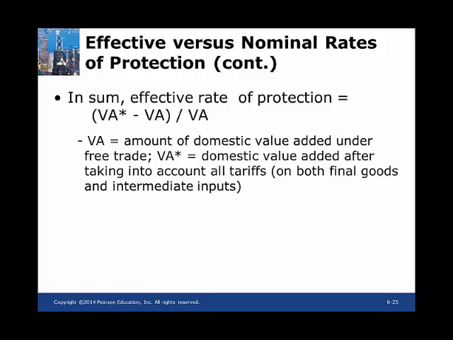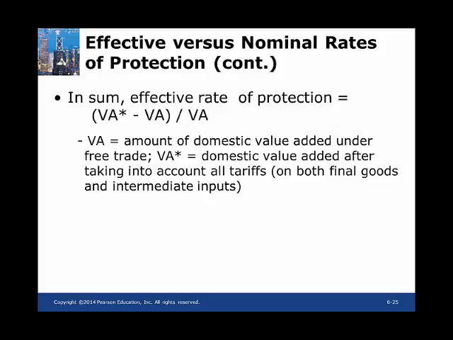In sum, effective rate of protection is equal to VA star minus VA, divided by VA. VA is the amount of domestic value added under free trade.